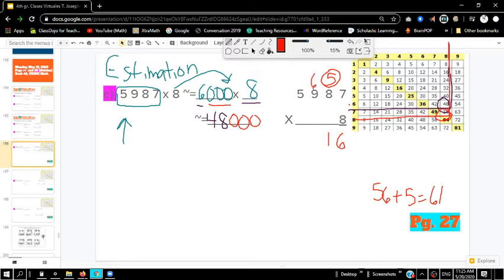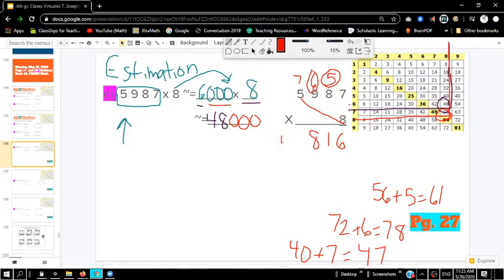Now what we're going to do is multiply 9 times 8. 9 times 8 is 72, and 72 plus 6 on the top equals 78. I'm going to put my 8 on the bottom and my 7 on the top. 5 times 8 is 40, and 40 plus 7 equals 47.